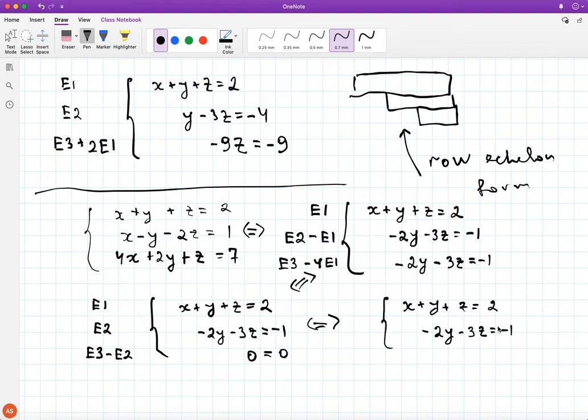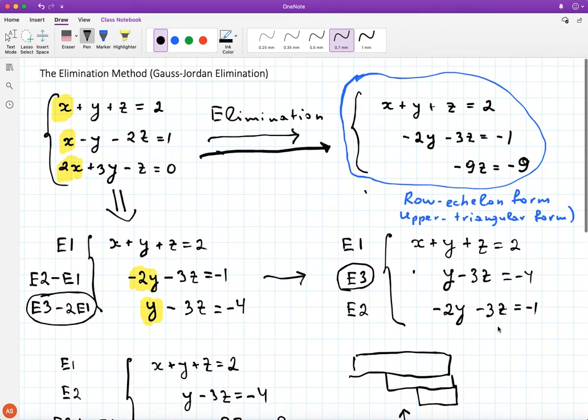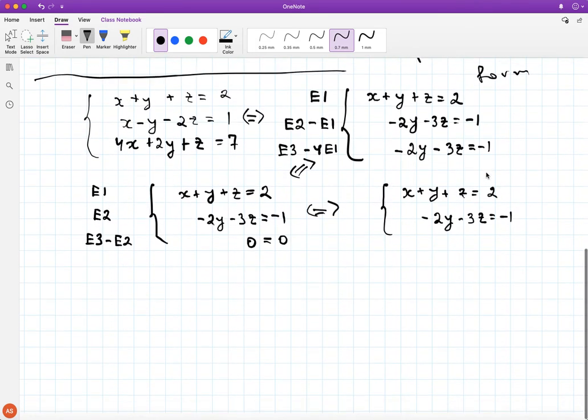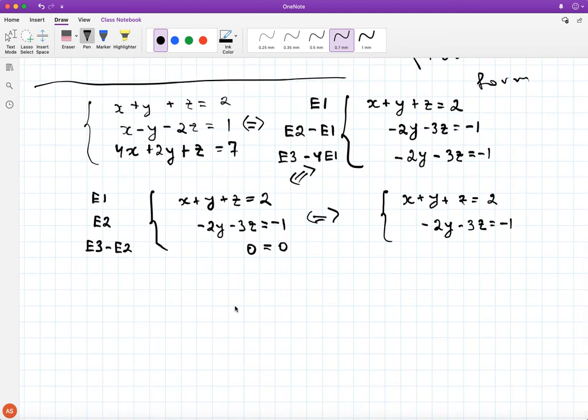Now let's compare this situation with the one that we had previously. Earlier we had a third equation, which was negative 9z equals negative 9, and that equation allowed us to solve for z, to determine the value of z. But here our third equation says 0 equals 0, which, while true, does not allow us to determine the value of z.